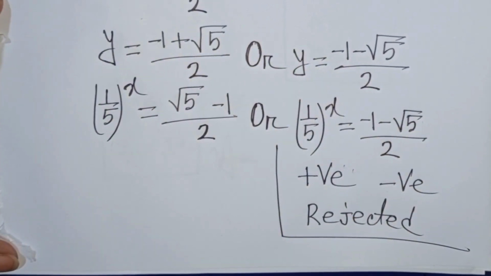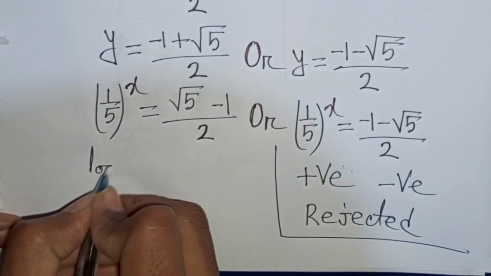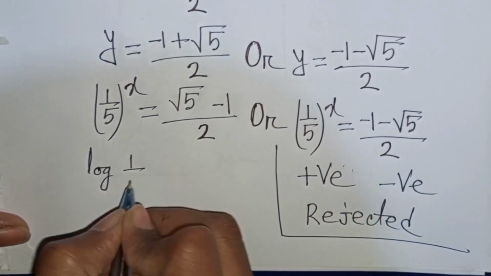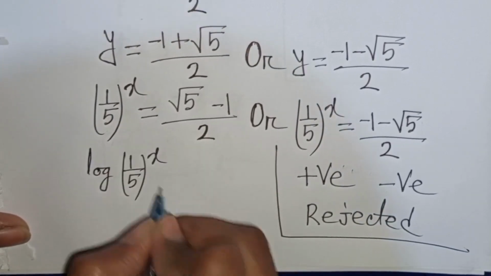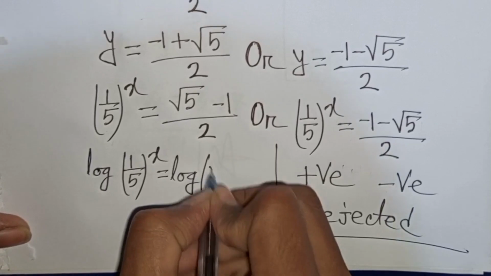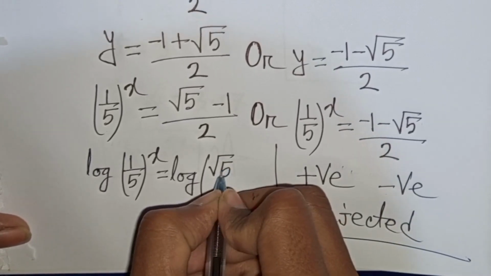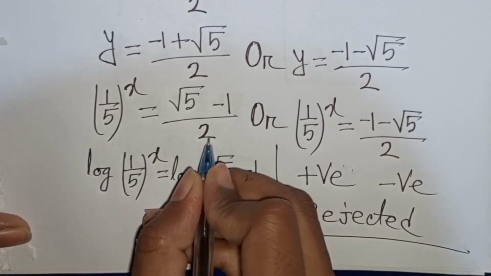Now from here we apply log on both sides. So you can write here log of 1 by 5 bracket power x is equal to log of square root of 5 minus 1 divided by 2.